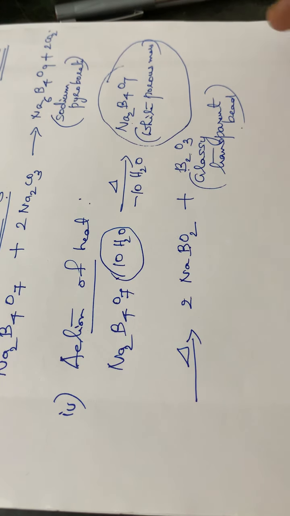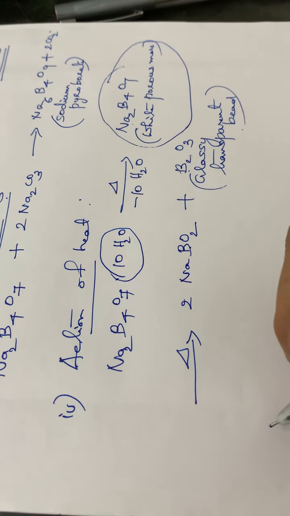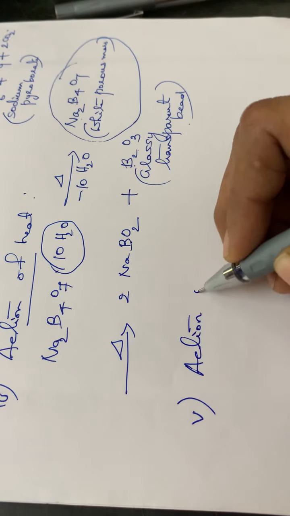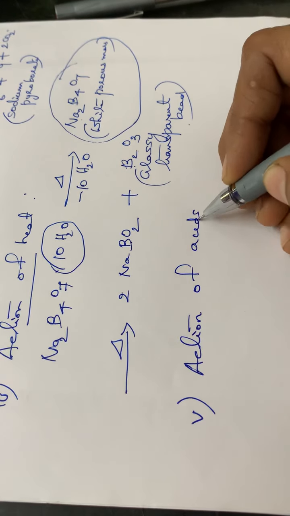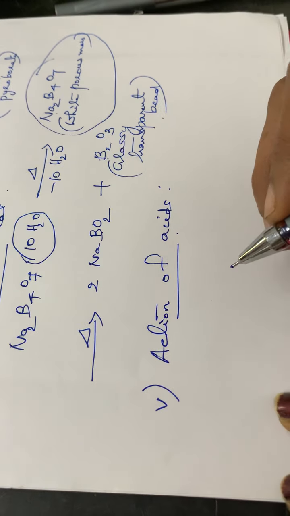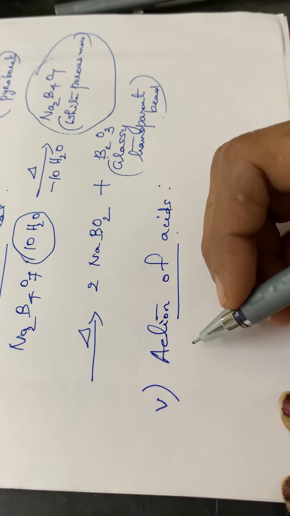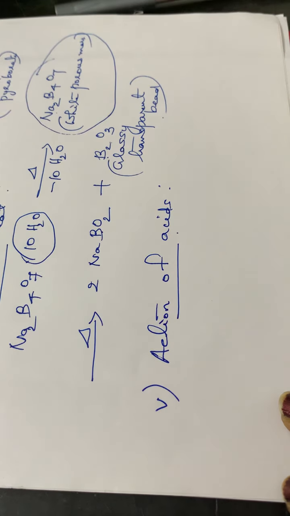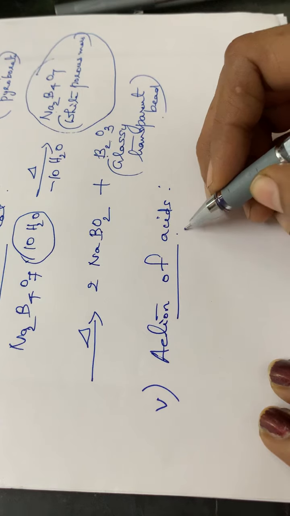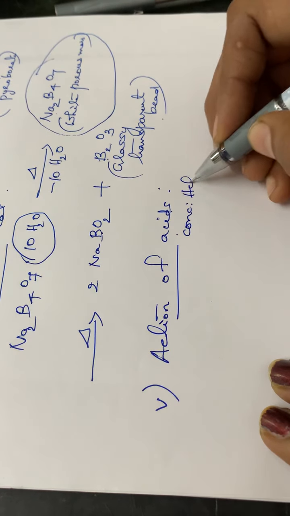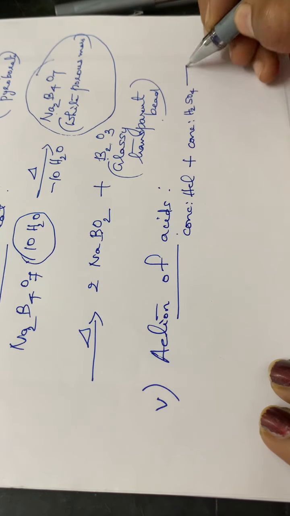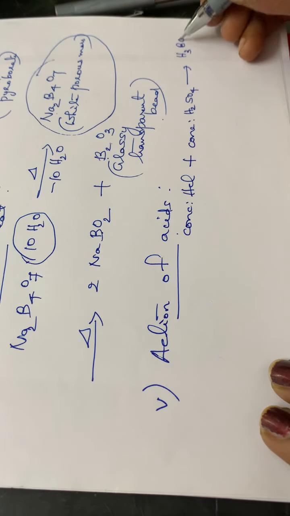Then the next reaction, the fifth one, that is the action of acids. See here, when borax is treated with concentrated HCl and concentrated sulfuric acid, it forms boric acid, that is H3BO3.